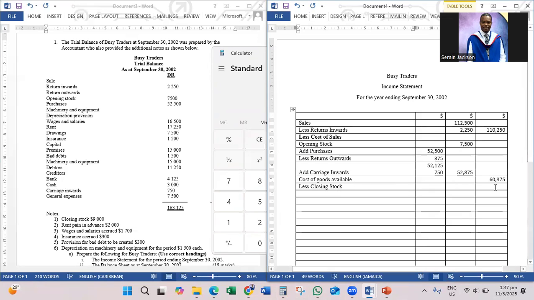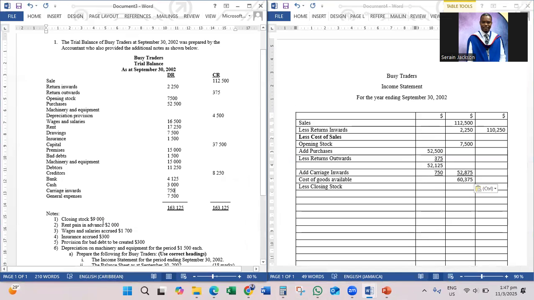So the closing stock, you may say, sir, where do I get closing stock from? So you minus the closing stock. Closing stock is 9,000 and it's located outside the trial balance. Here it is. Now 9,000.